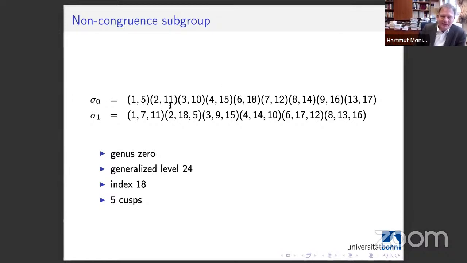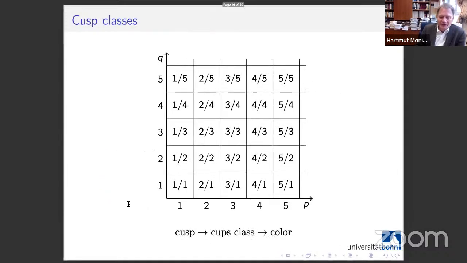So I give you 2 permutations, and these 2 permutations again generate a transitive permutation group, and you can again do the homomorphism to the modular group, and then you see that this non-congruence subgroup has genus 0, generalized level 24, so the level is the same as before, index 18, and 5 cusps. Now what I'm going to do is something funny, which is to look at the following.